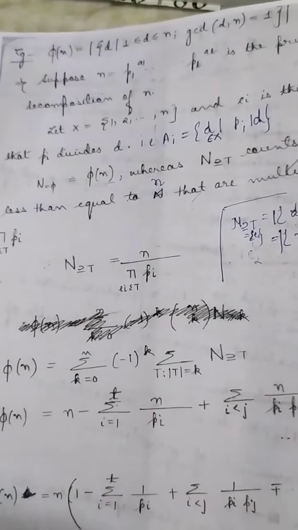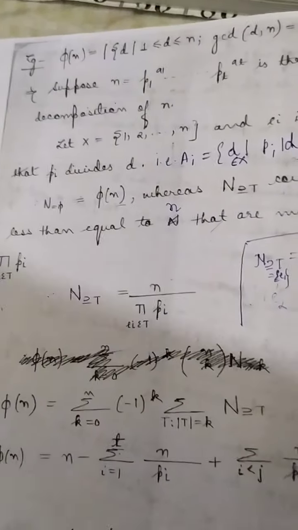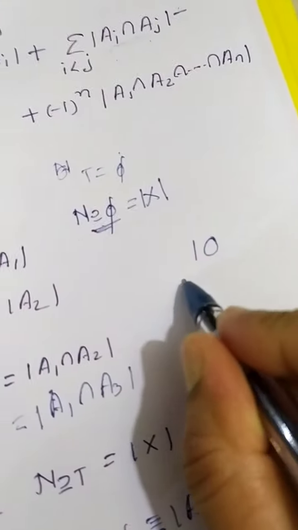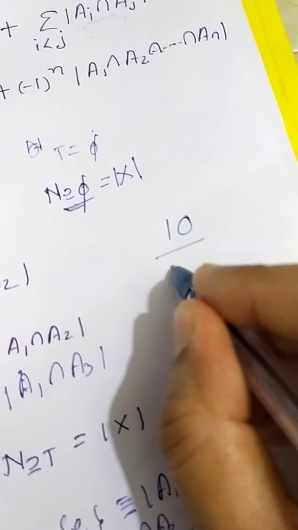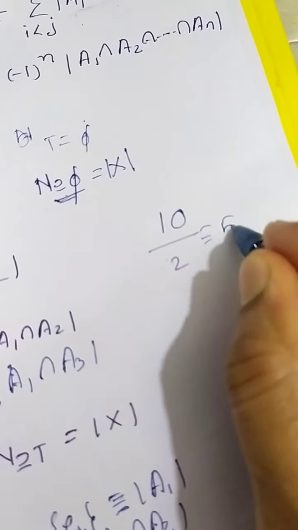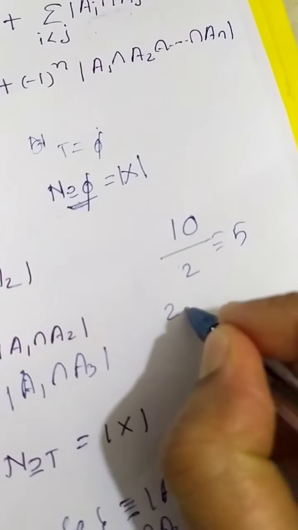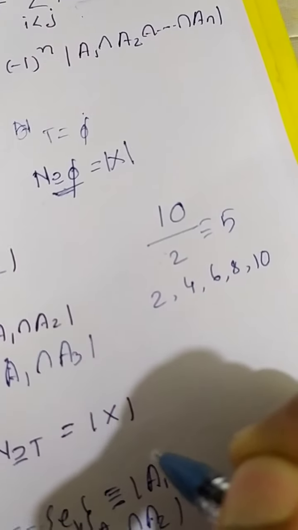Say we have 10. How many elements are there which are multiples of 2? This will be 5, because 2, 4, 6, 8, 10 are the elements.